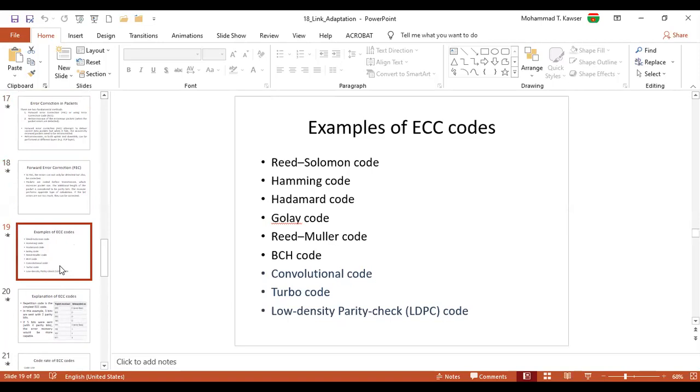Now, in all these cases, you have to send some additional bits. If your original packet content has 100 bits, you perform a complex calculation, and it will increase the packet size. It may become, say, 150, or it can be 200 bits in the packet, and then you transmit.